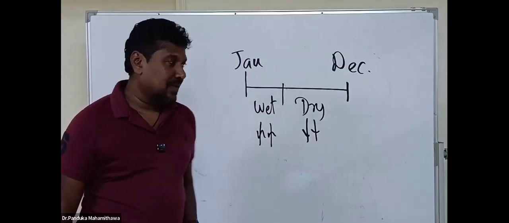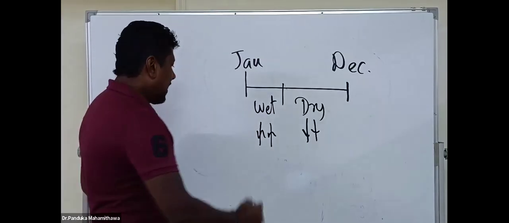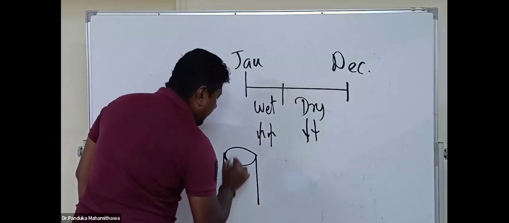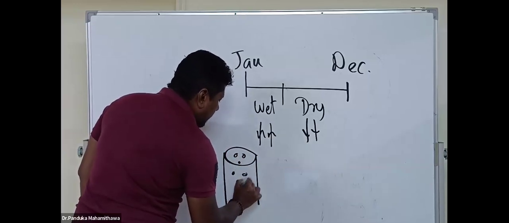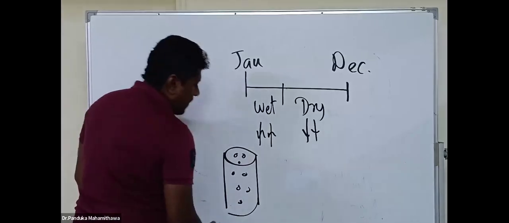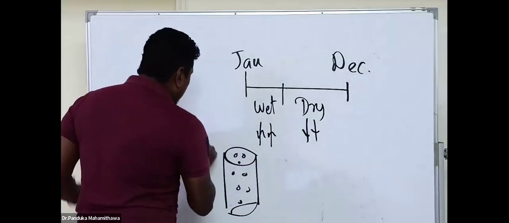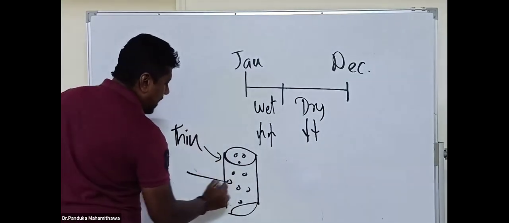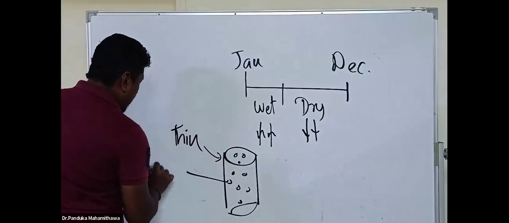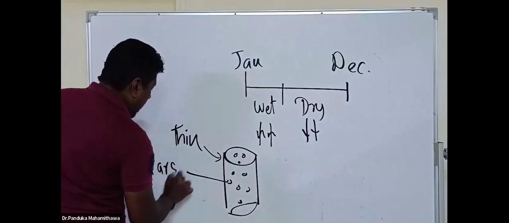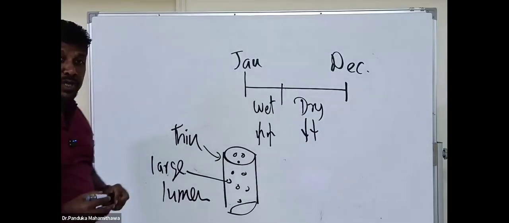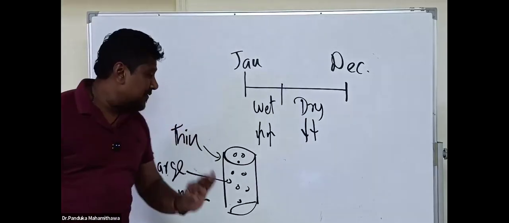And the other thing, not only the speed, the vessels that are made in the wet season, right? Vessel elements or the xylem, they are having thin walls and larger lumen, right? Large lumen is there. Why? Because water is not a problem in the wet season.